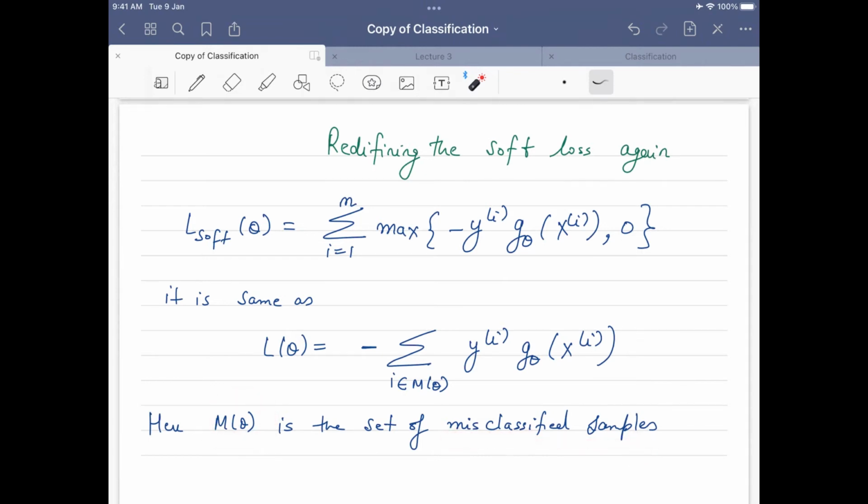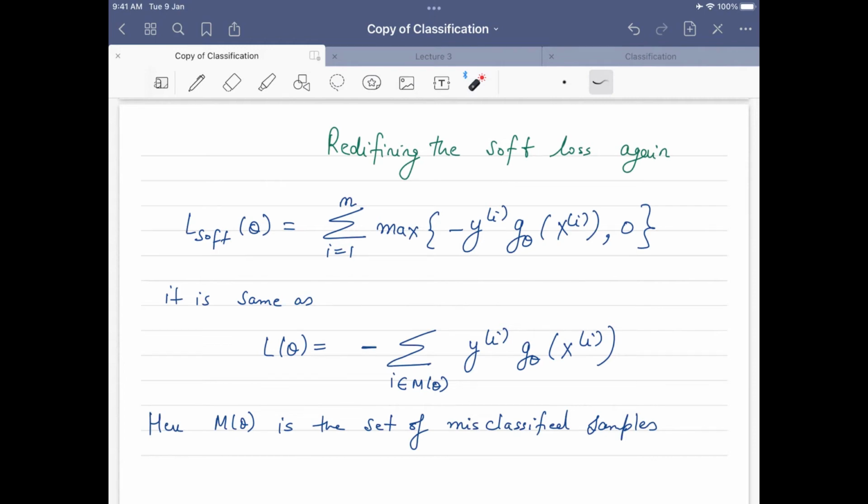So the max will be gone, and your expression will be like this if you consider only the samples which are misclassified. If you only focus on the misclassified set and sum over them, you will only be summing up the yi's corresponding to the g theta xi's, and there will be no max involved, so you can solve this loss function easily. Let us see how we can do that.